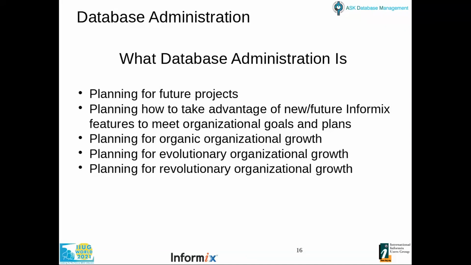Plan for organic growth. Organizations grow. Any organism that doesn't grow begins to die. That's a rule of biology, and it works for organizations too. And we also have to plan for evolutionary organizational growth, right? The company is not only going to grow on its own, but it's going to expand into new markets and into new products.